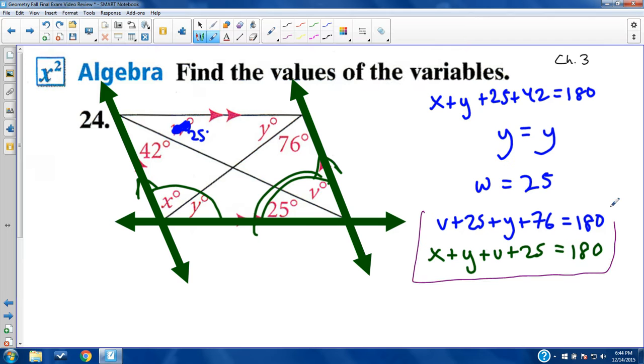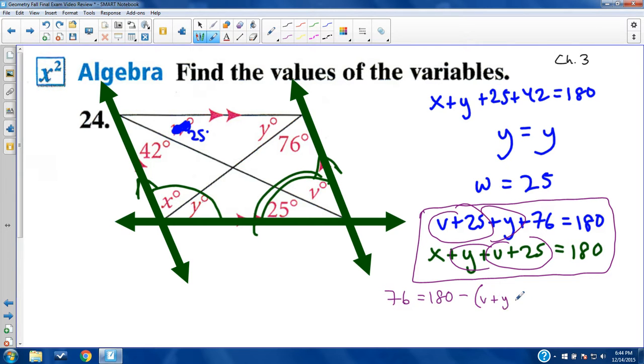I could actually look at what they have in common. They have v plus 25 and a y, so plus y. If I move that all to the other side of the equation, on one side I have 76 equals 180 minus (v plus y plus 25). On the other equation here, if I subtract everything, I have x equals 180 minus (v plus y plus 25).